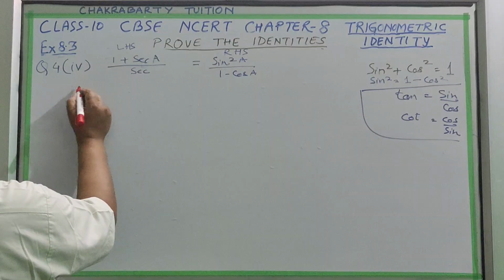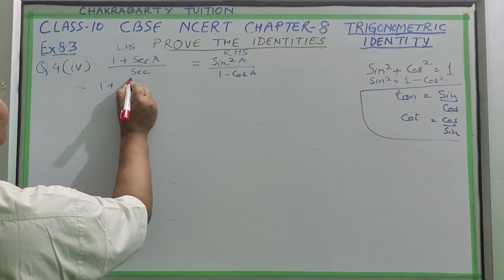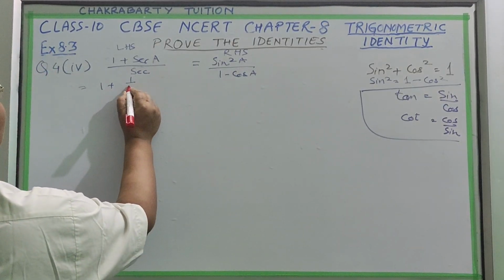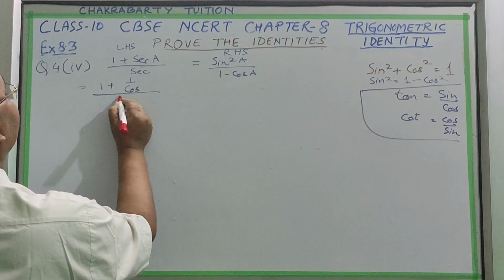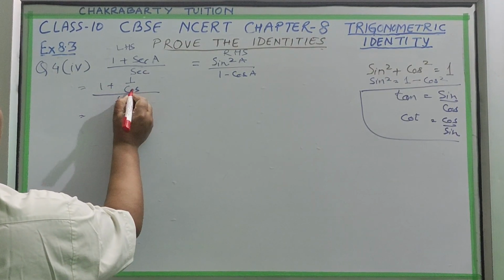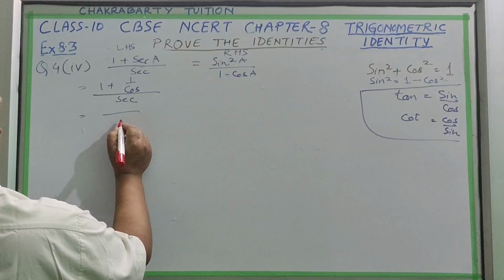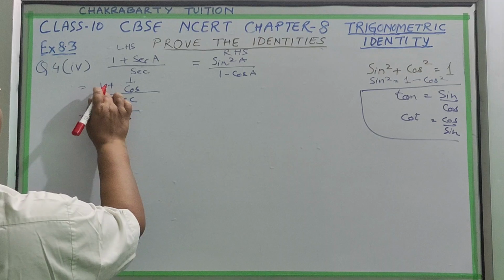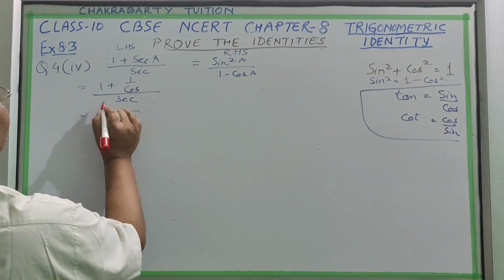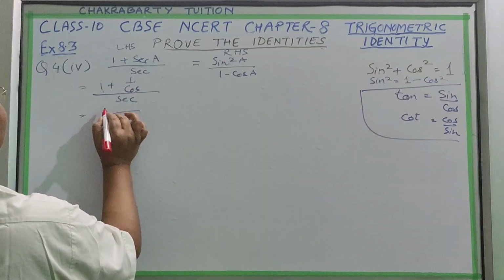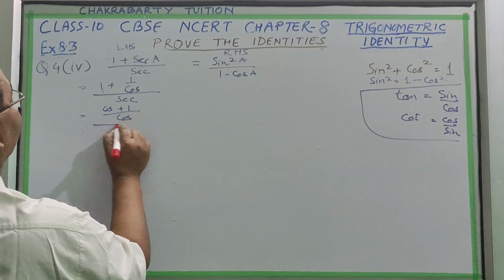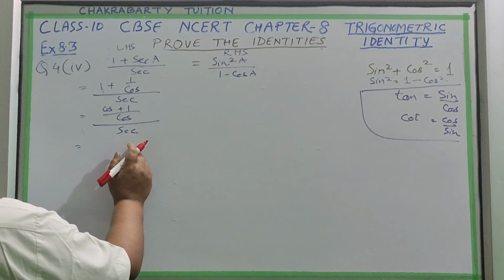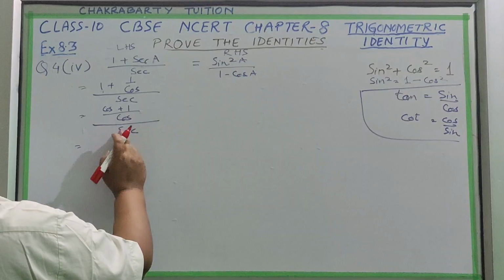This side we will start first. So 1 plus sec we can write. Sec is the opposite of cos, so we can write 1 upon cos for sec. So here we are taking the LCM cos, so it will become 1 upon cos, so cos plus 1 whole upon cos.